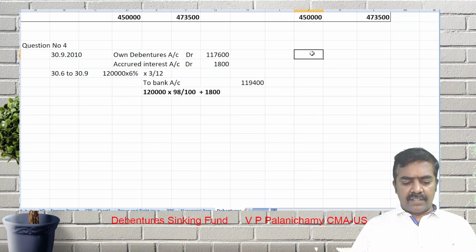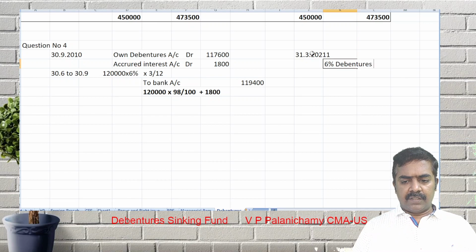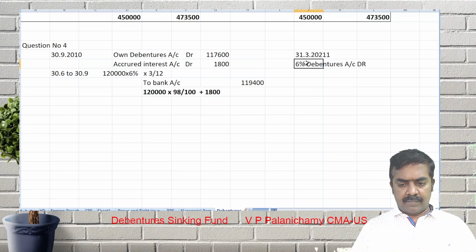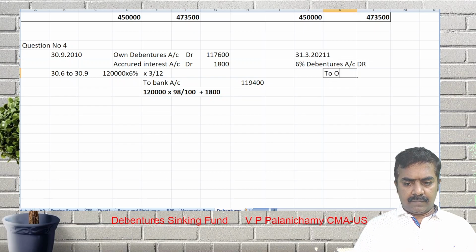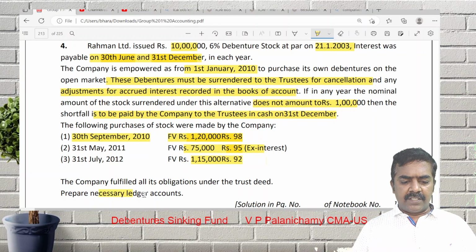இது end of the year ல cancel பண்ணிருப்பாங்க. Probably on 31st March 2011 ல cancel பண்ணிருப்பாங்க. What is the entry they will pass? 6% debentures account debtor to own debentures account அந்த மாதிரி. Interest எல்லாம் entry கேட்கல. They just ask you to show necessary ledger accounts.